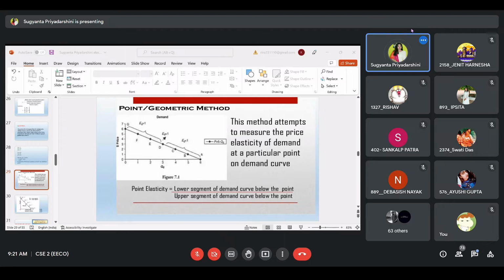Let's take into consideration point C. Can you tell me what is the distance of point C from the x-axis along the demand curve? Just name it.